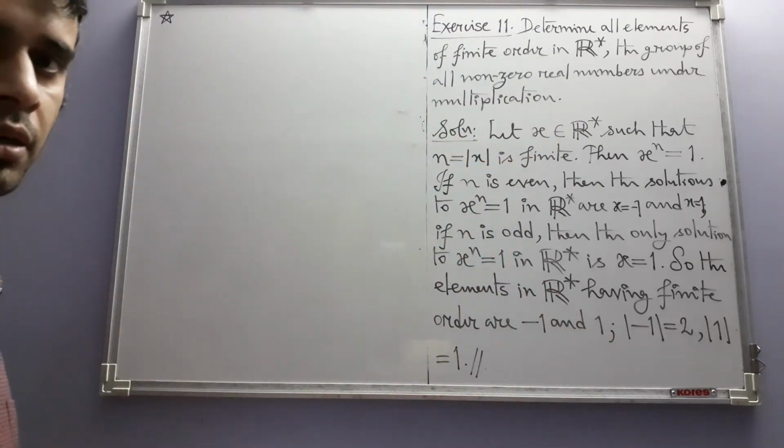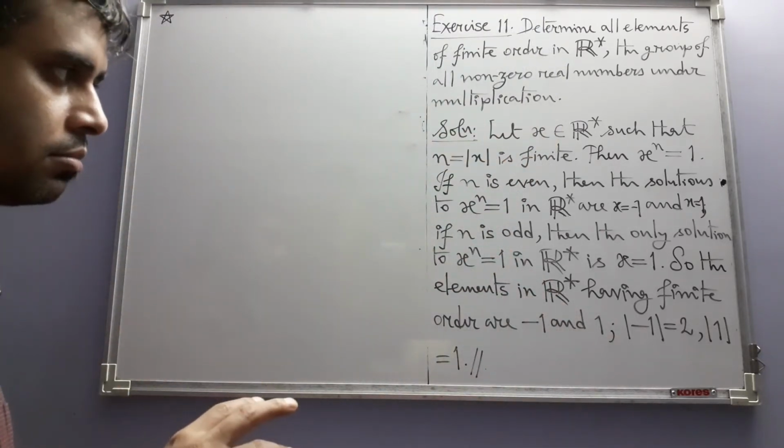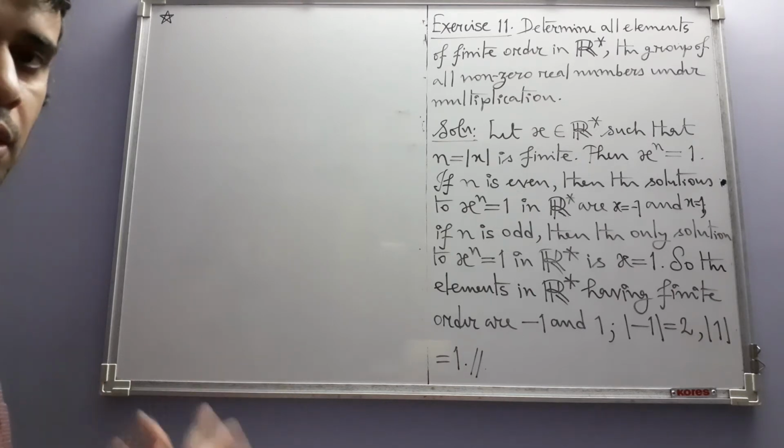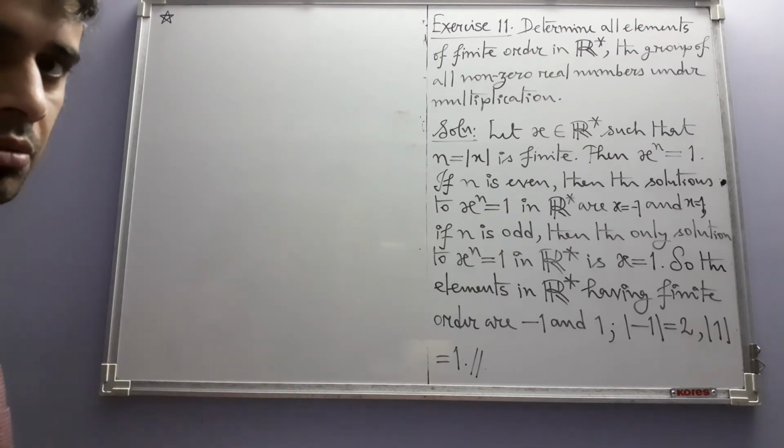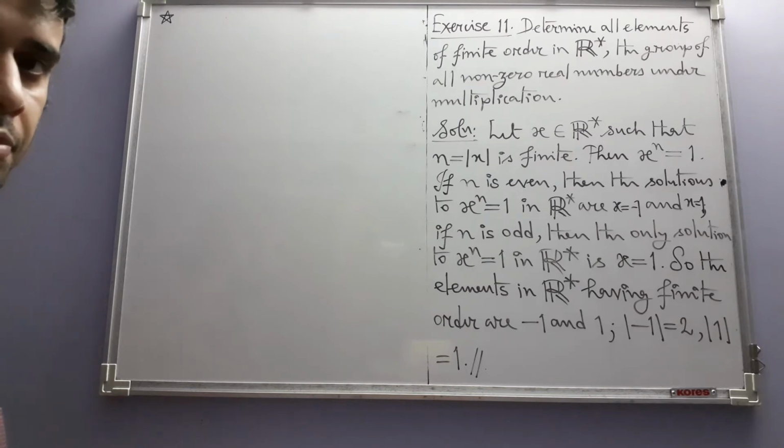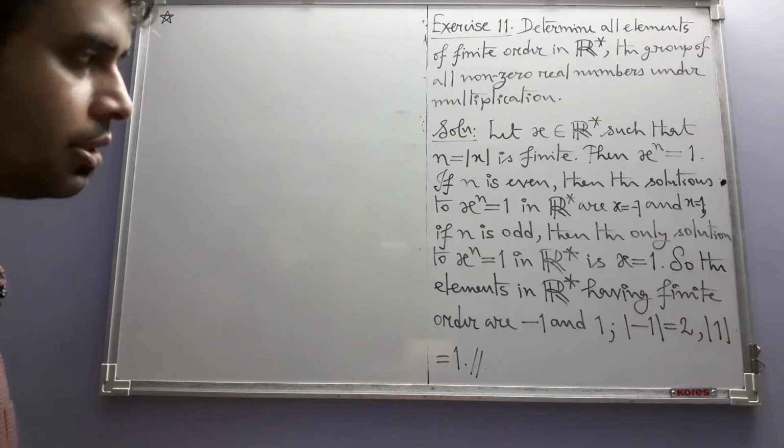Other non-zero real numbers, their positive integral powers can never be equal to 1, no matter what positive integer exponent you take.